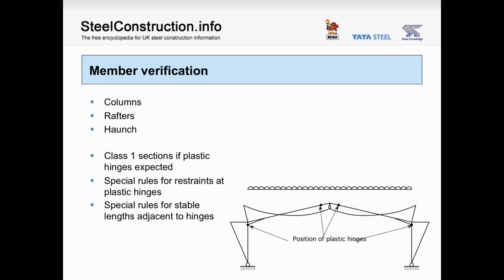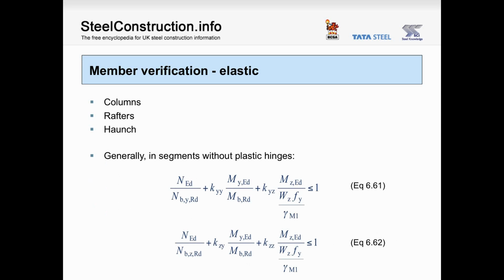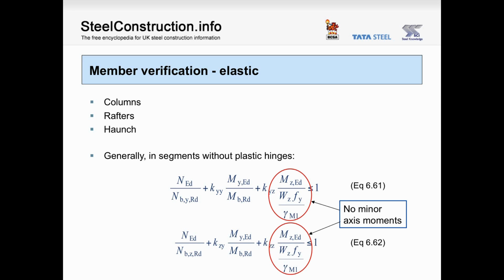If we have carried out a plastic analysis and design, then there are special rules how we must restrain plastic hinge locations and where the next restraint adjacent to a plastic hinge location must be. If we are undertaking elastic design or for the verification of members which are distant from a plastic hinge, then we have some expressions to satisfy, expressions 6.61 and 6.62, which are both elastic verifications.